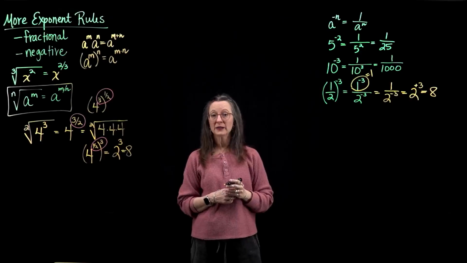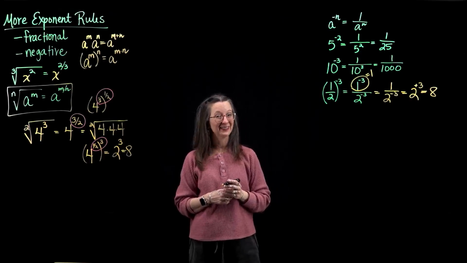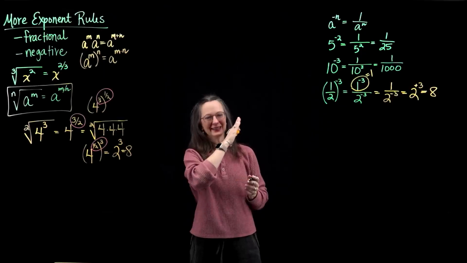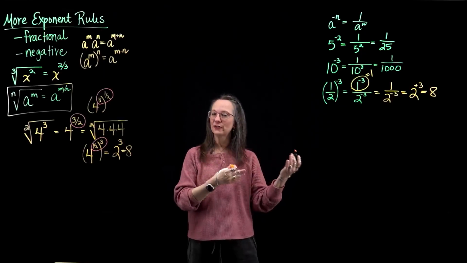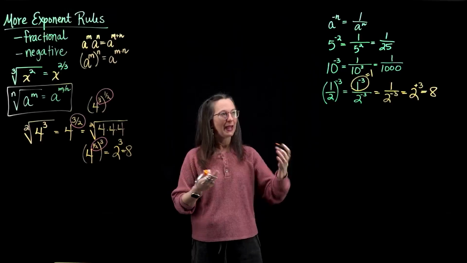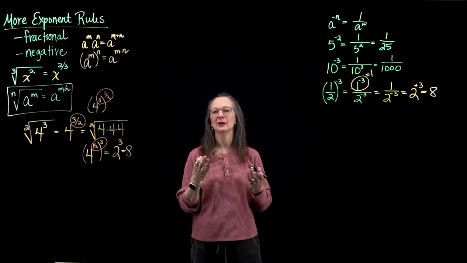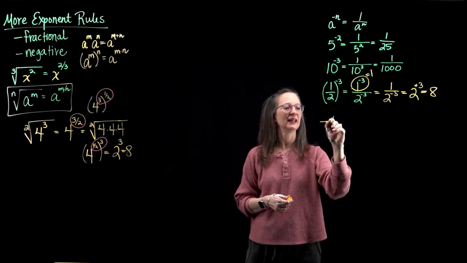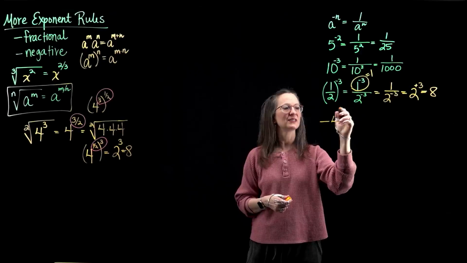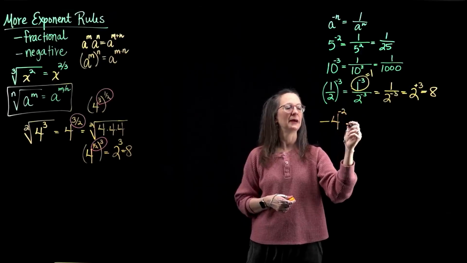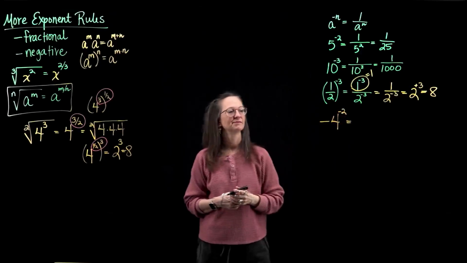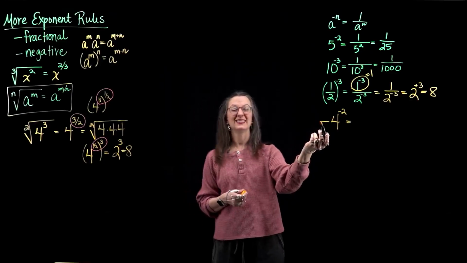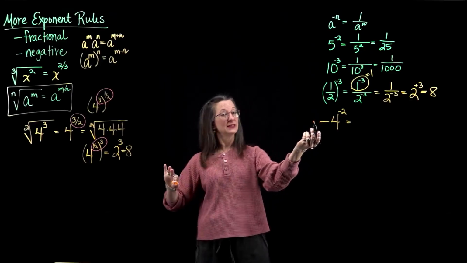Now, one other place that we can add negatives, you may have a negative on the front and a negative exponent, and we're going to have to deal with those separately. So for example, if I had negative 4 raised to the negative 2 power. This negative on the front, that one's separate.